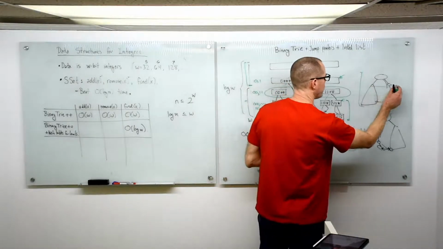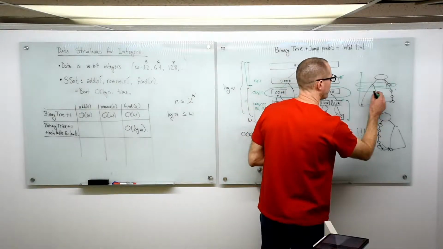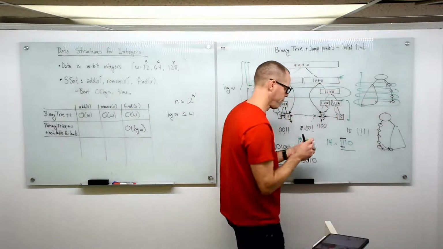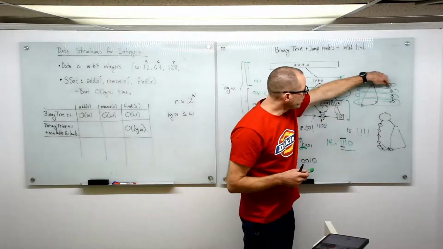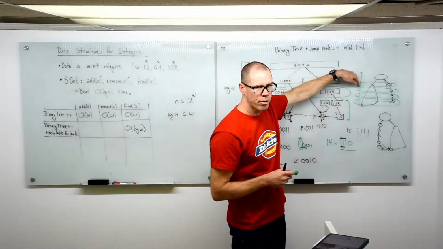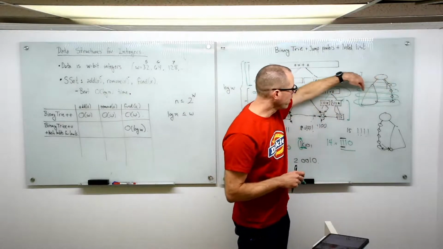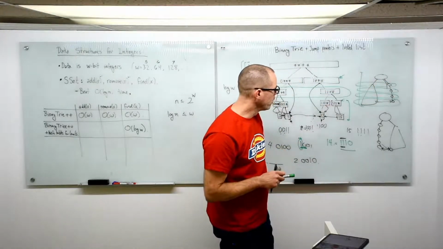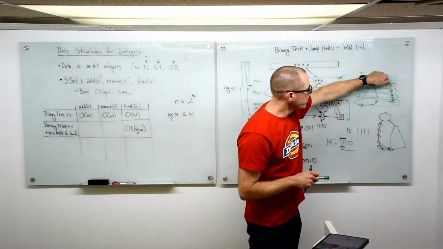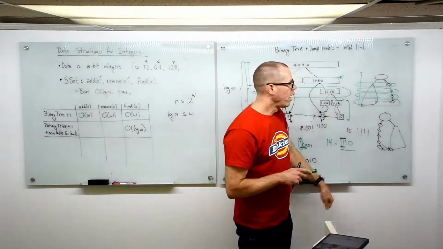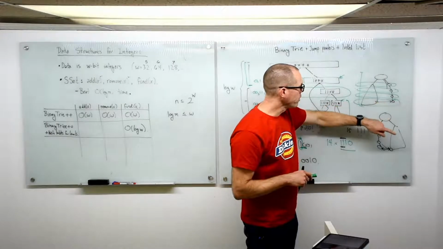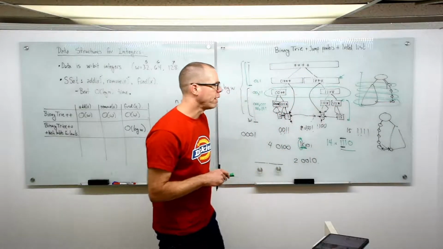Remember at each level in your tree now, there's a hash table that stores the labels of the nodes at that level. So when I create a new node here, I have to add it to the hash table for that level. When I create a new node here, I have to add it to the hash table for that level, and so on. So when I add something, it creates a whole new path of nodes. I then have to add everything in that path to the hash table for that level.